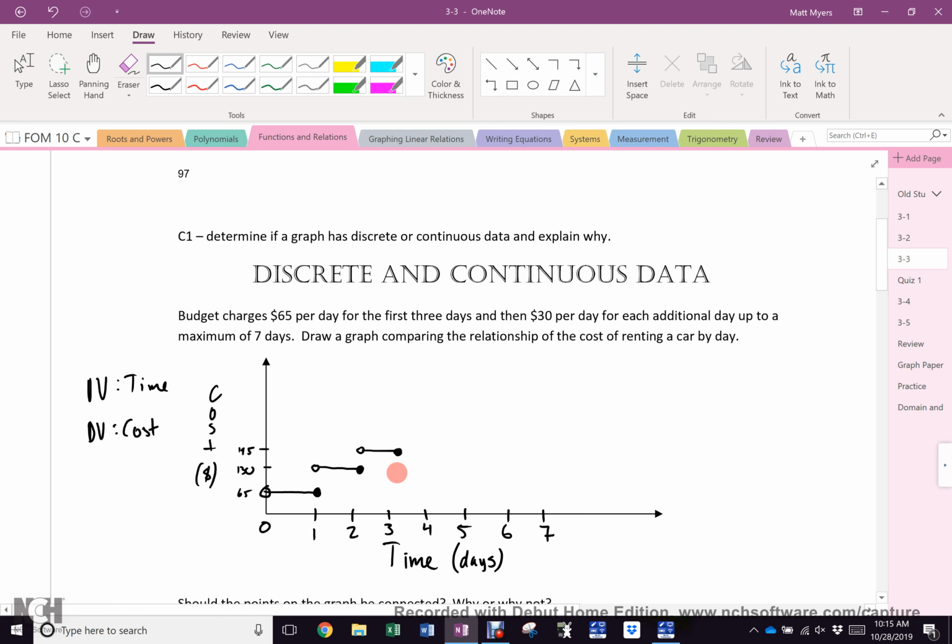So what's my next range value? 225. But still open, closed. Then what? 255. Open, closed. Then 285. Open, closed. And then 315. Open, closed.